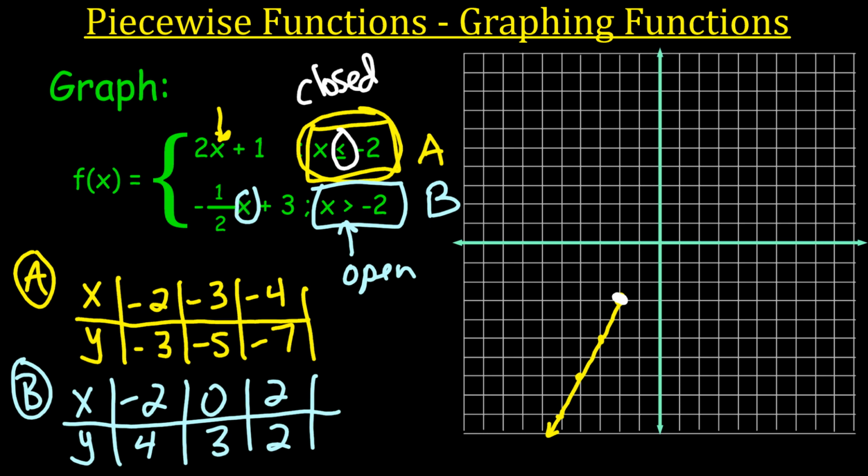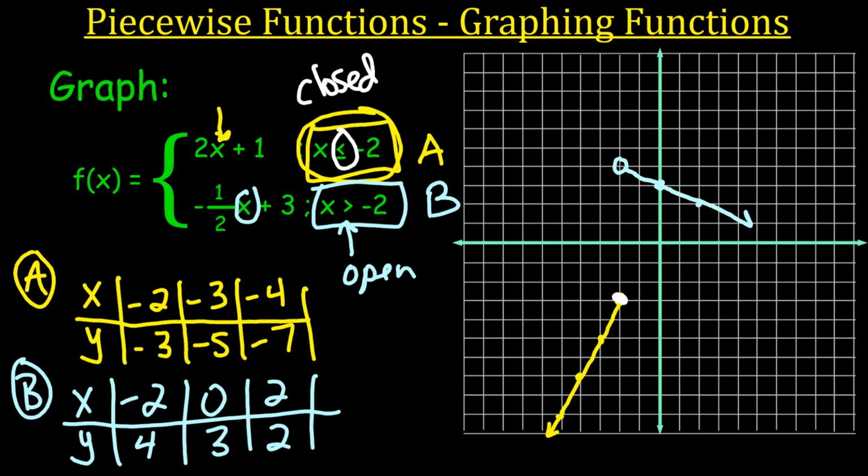So I'm going to graph these, -2, 4, and then I'm going to do an open circle at -2, 4, because x is greater than -2. Then I'm going to go 0, 3, and 2, 2.